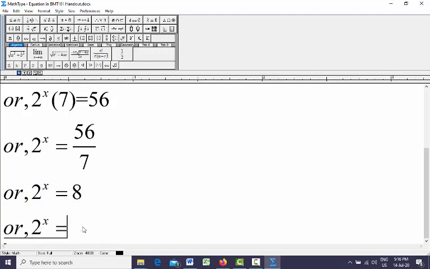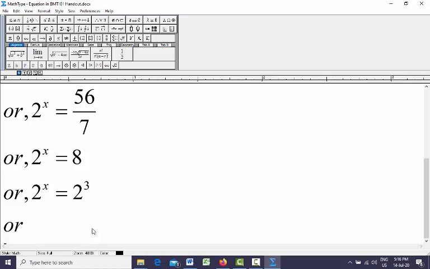2 to the power x is equal to 8. 8 means 2 to the power 3, so this 8 can be written as 2 cubed.